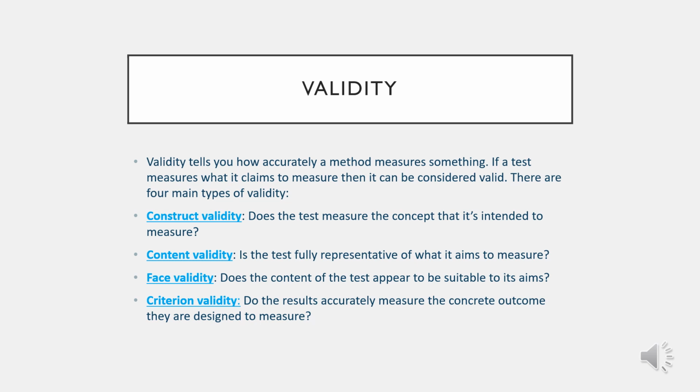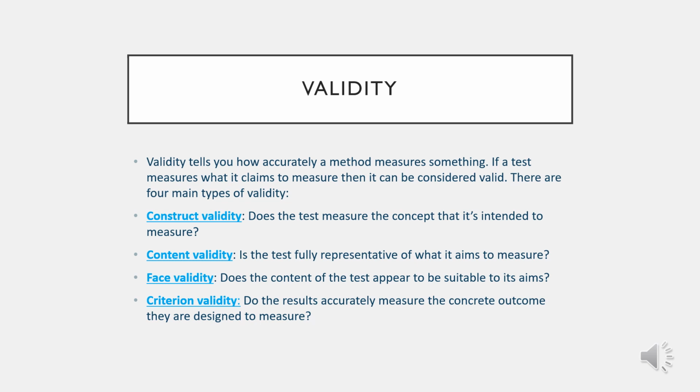And the last type of validity is criterion validity. And this is where a lot of neuropsychological and cognitive tests actually score fairly lowly. So do the results accurately measure the concrete outcome? So we might have a very reliable and ostensibly valid memory test, but it might not relate to what this person's memory is like on a day-to-day basis.